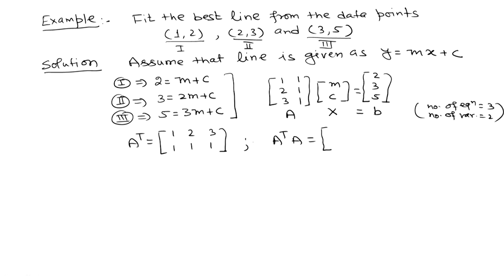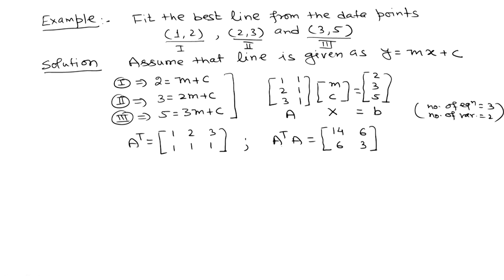So, here if I calculate A transpose into A, 1 into 1 plus 2 into 2 plus 3 into 3, that is 1 plus 4 plus 9, it comes out to be 14, then this comes out to be 6, then this comes out to be 6 and then 3. So, this is A transpose into A.